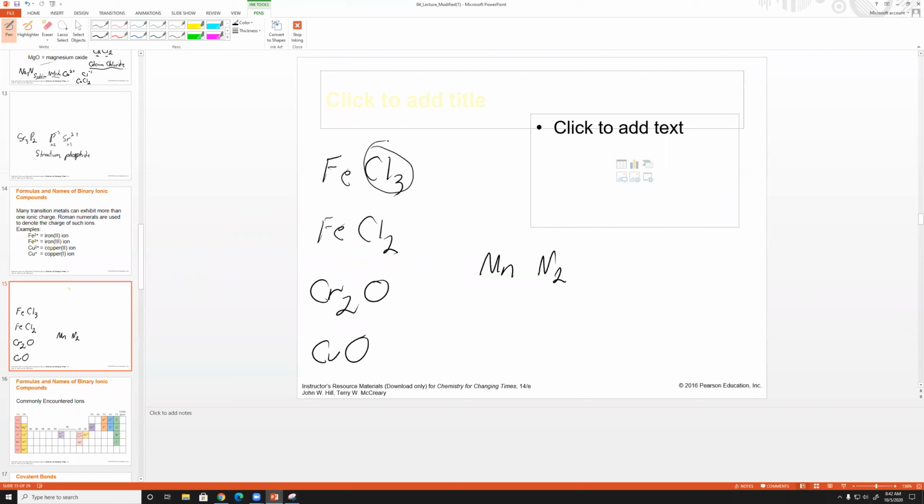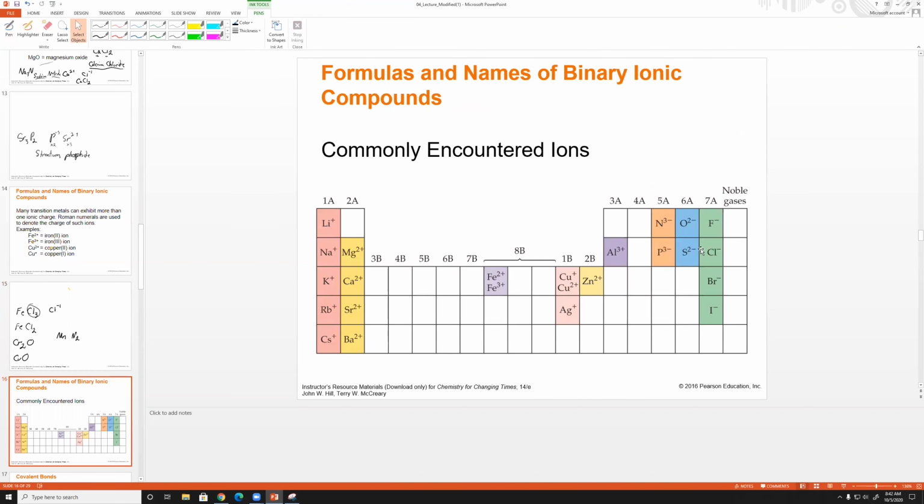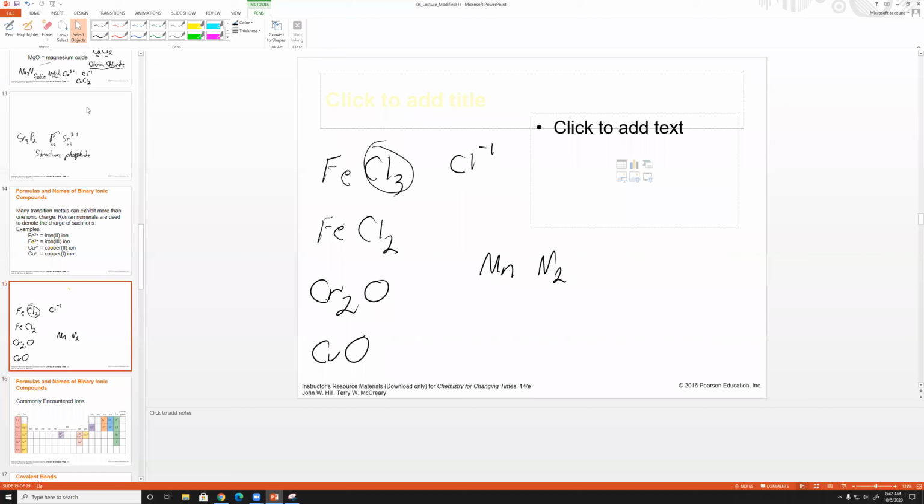It's -1, 7A. So what must the charge of iron be? Each chlorine is -1, and there are 3 of them. So plus 3. Perfect, iron must be +3.